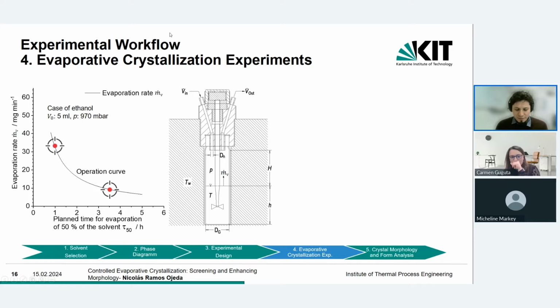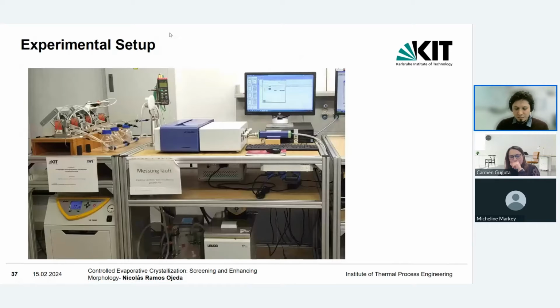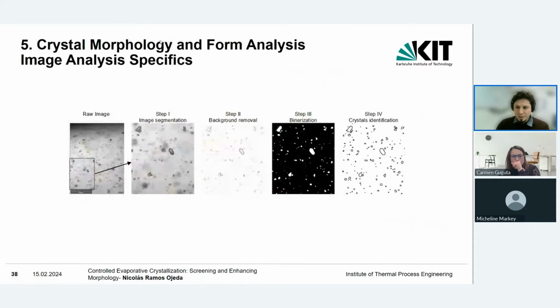I'm not sure if you can see my presentation. Yes. Okay, so this is the raw image, and then you had a segmentation based on the illumination of the picture.